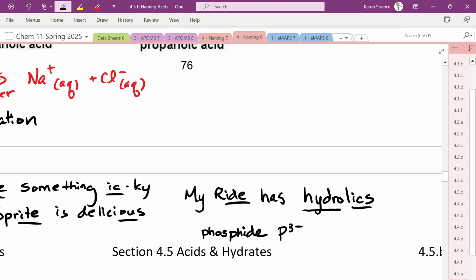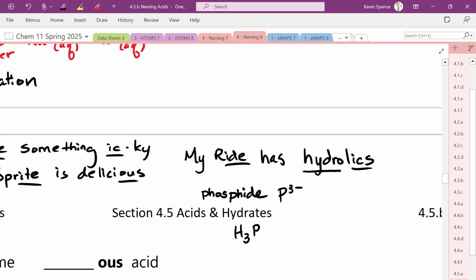How would we write the acid name for H3P? Well, we need to have an ic. Ooh, I shouldn't have picked phosphide because it's got the little weird extra thing. Let's do something different. Let's do fluoride.